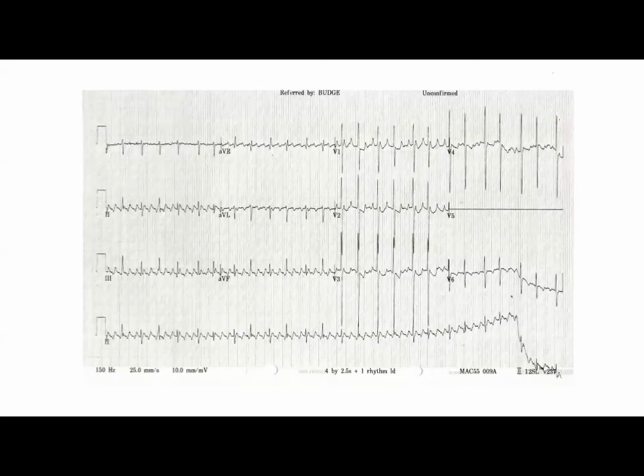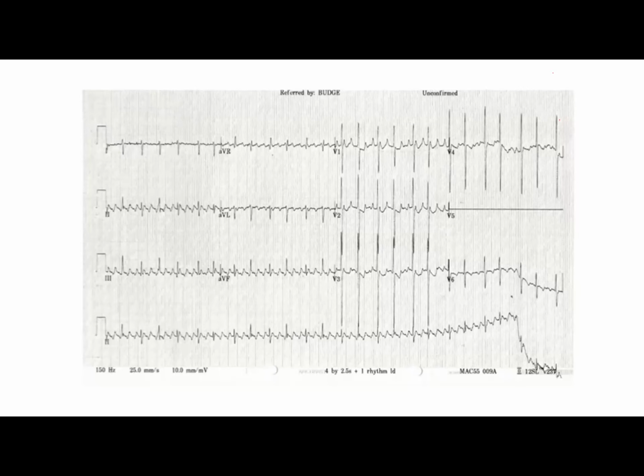Atrial flutter, ma'am. Sawtooth pattern. Okay, what do you see on the ECG? You can jump to the diagnosis later, but what do you see on the ECG? P wave and QRS ratio is 2:1.